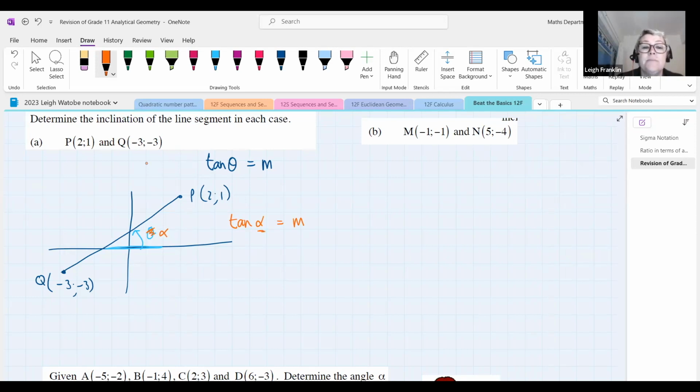Okay, matrics. Now this one's easy. Okay, our angle of inclination is going to be acute, because the gradient of our line is positive. Okay, so I want you to work out alpha and tell me how big you calculate alpha to be.